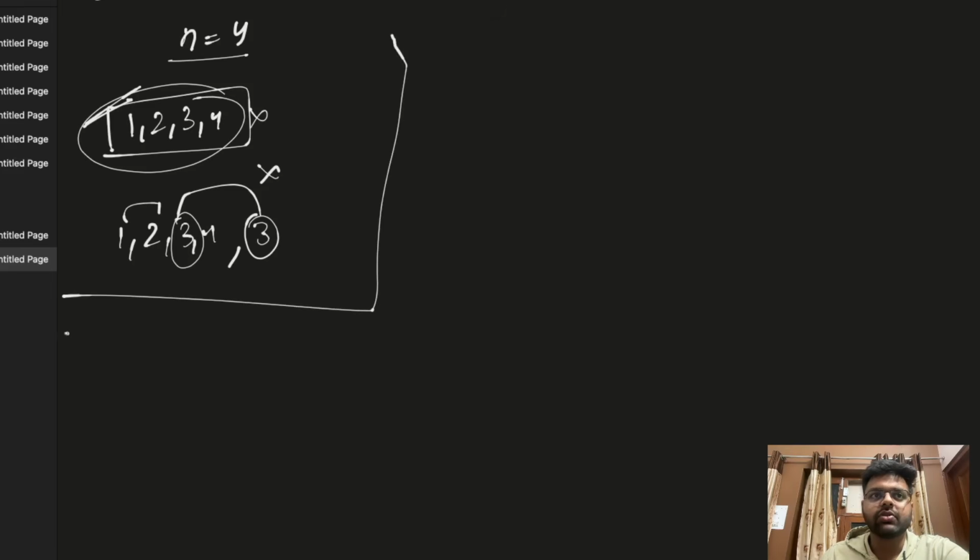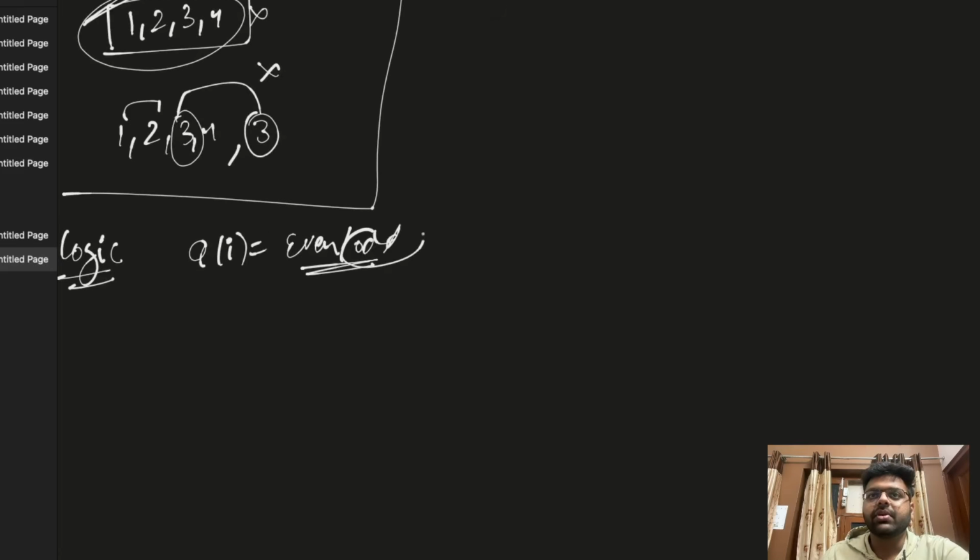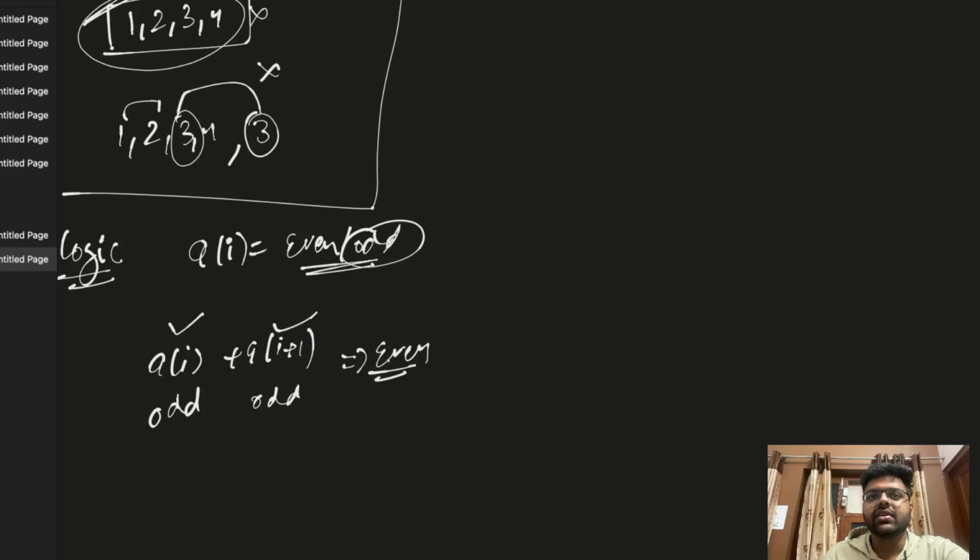In terms of logic, think about a of i being even or odd. If I put a of i as an odd number, then adding two odd numbers, a of i plus a of i plus 1, would eventually give me an even number. And if the odd numbers are all distinct, then the even sums would also be distinct.